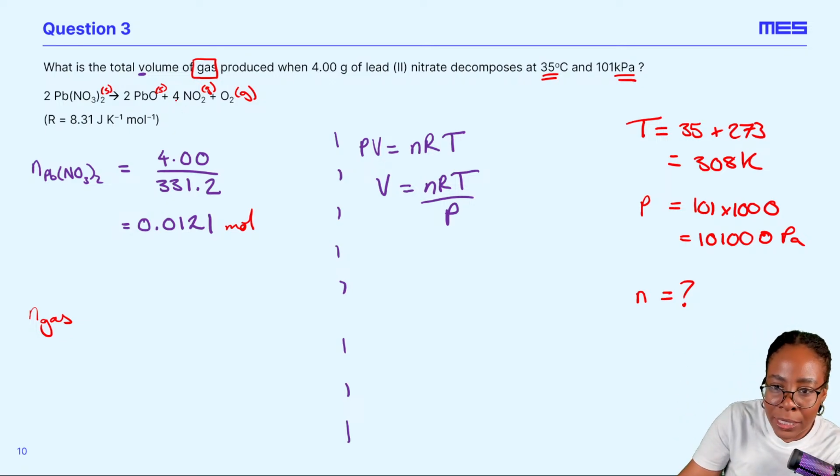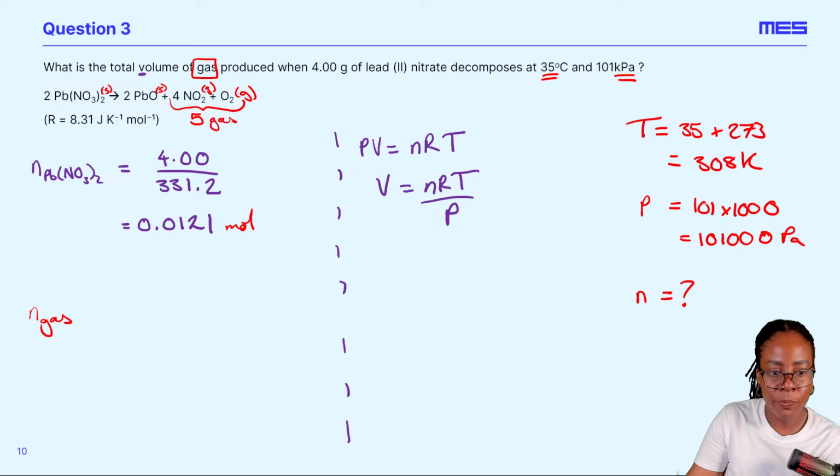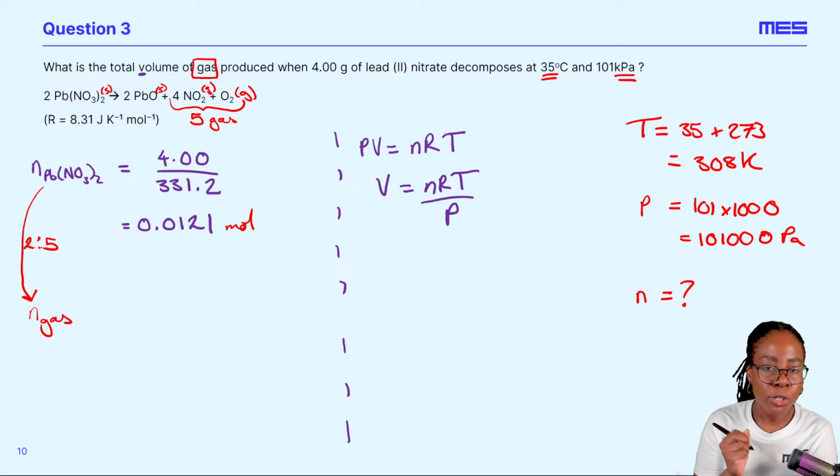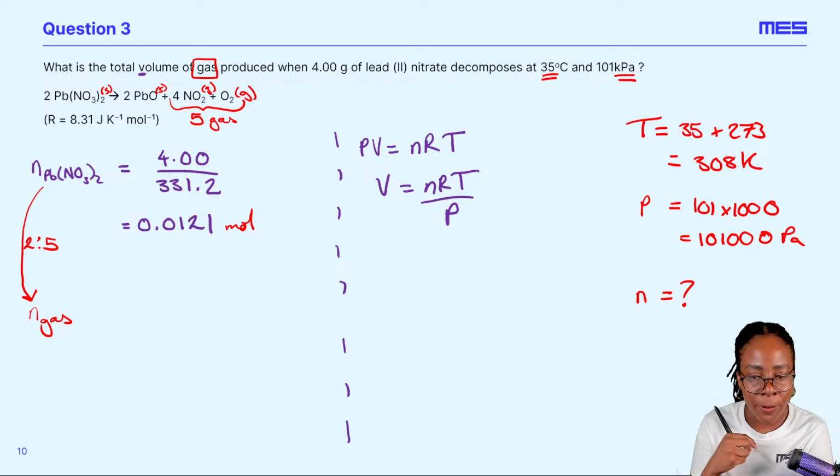So we can treat these gases all in one. So we can say that we've got 5 moles of gas, which means that our ratio of lead-2 nitrate to gas is a 2 to 5 ratio. 2 moles of lead-2 nitrate for 5 moles of gas.